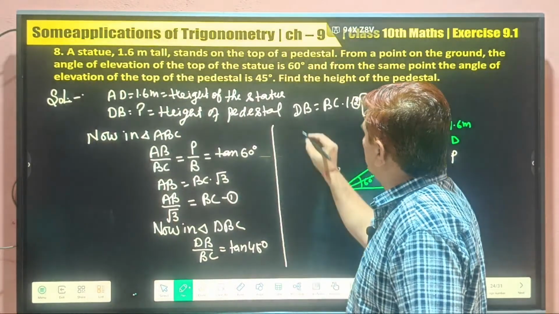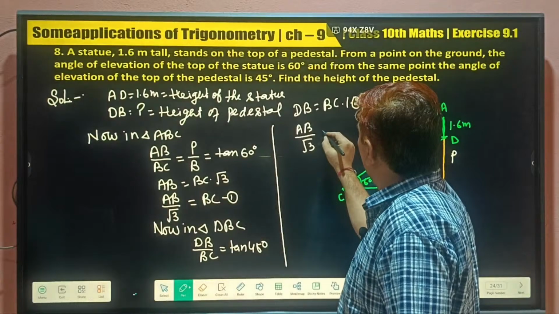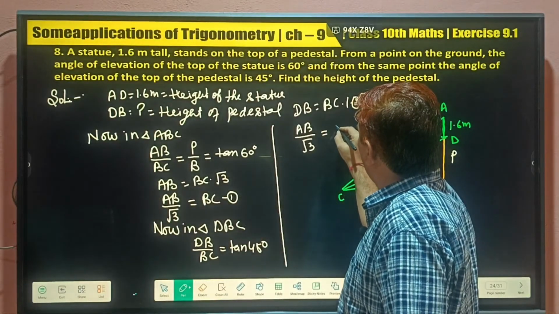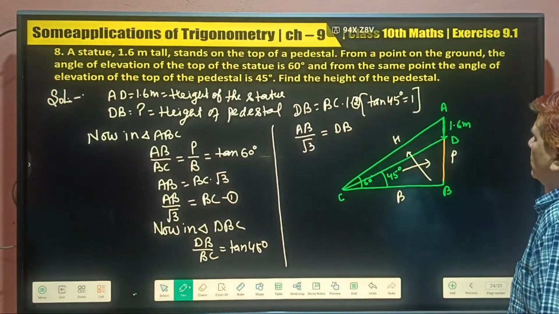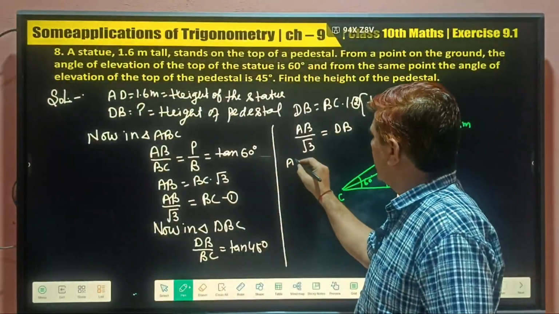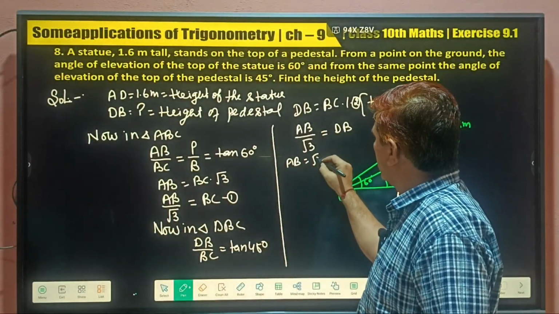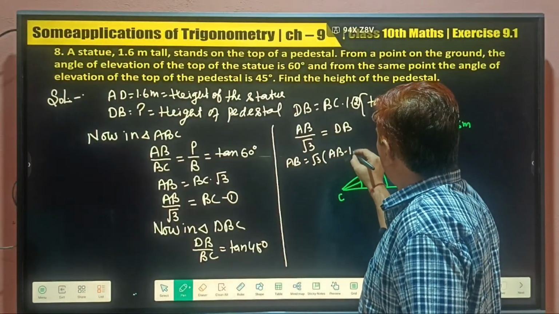AB by under root 3 is equal to DB. And what is DB? DB equal to AB minus AD.